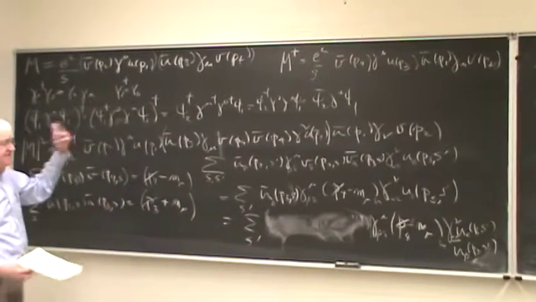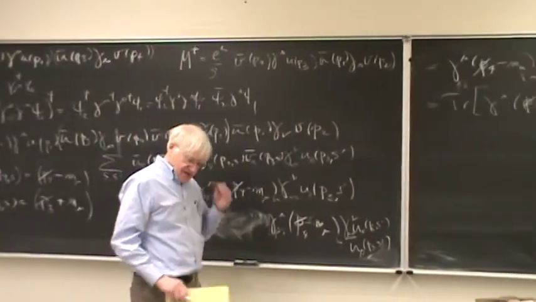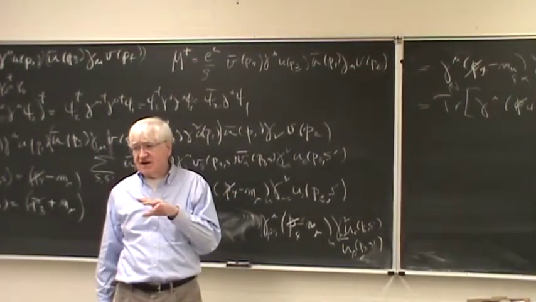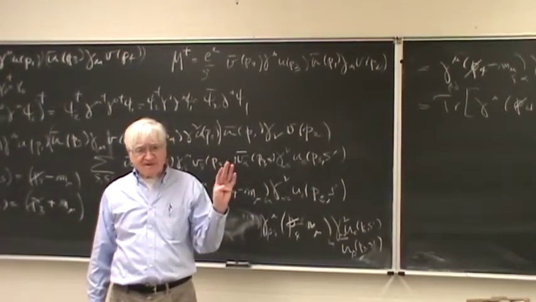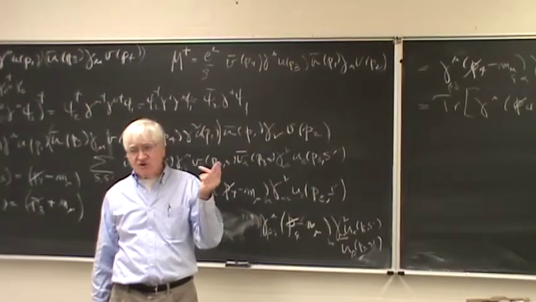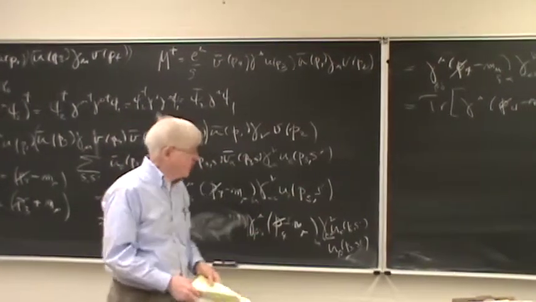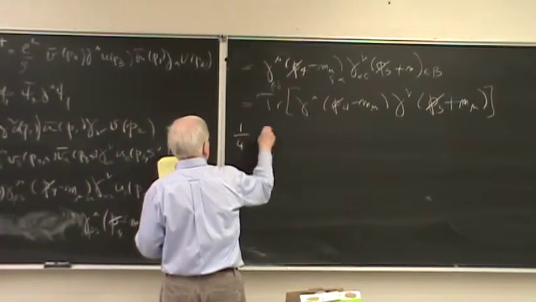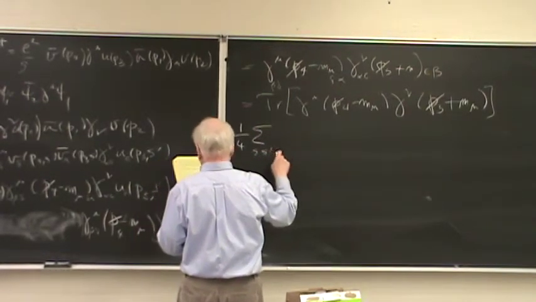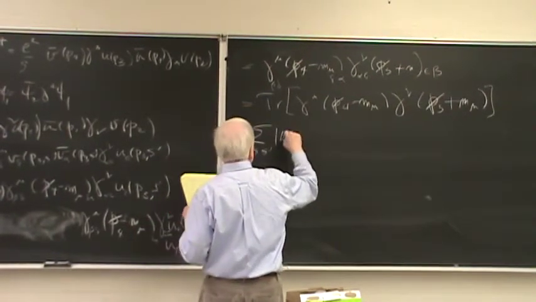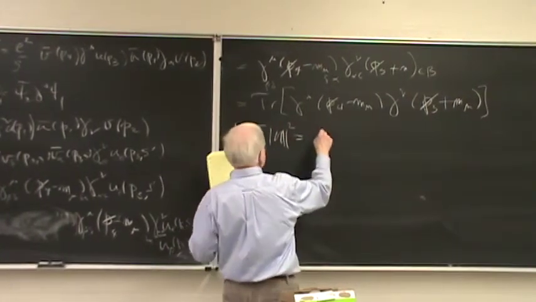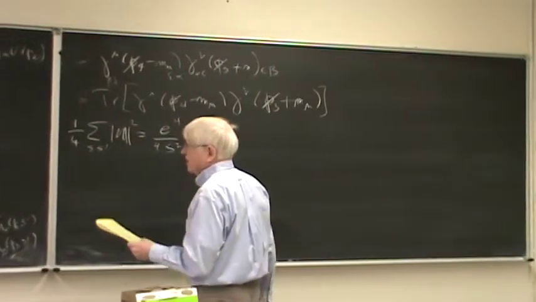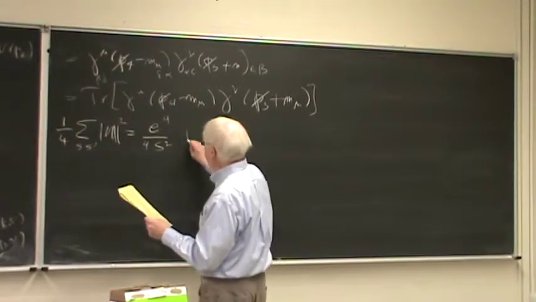The rest of this thing gives you another trace, and now what you do is you average over the initial spins and sum over the final spins. There are 4 possible initial spins, up, down for the electron, up, down for the positron, and divide by 4. So the total thing we have to compute is 1/4 sum S prime of this m squared. And this gives you e to the 4th over 4s squared, because we've squared the thing, and a product of 2 traces.